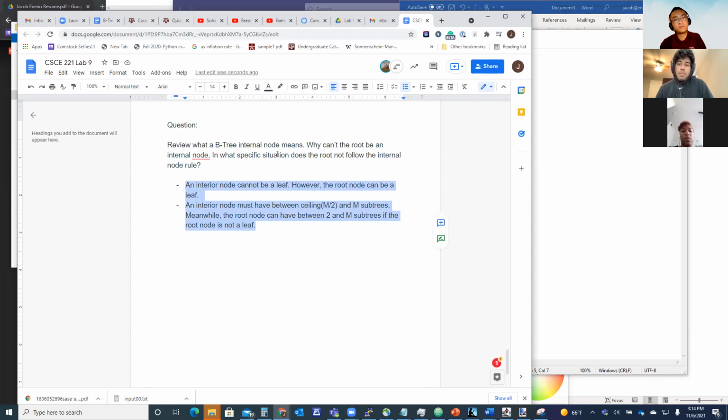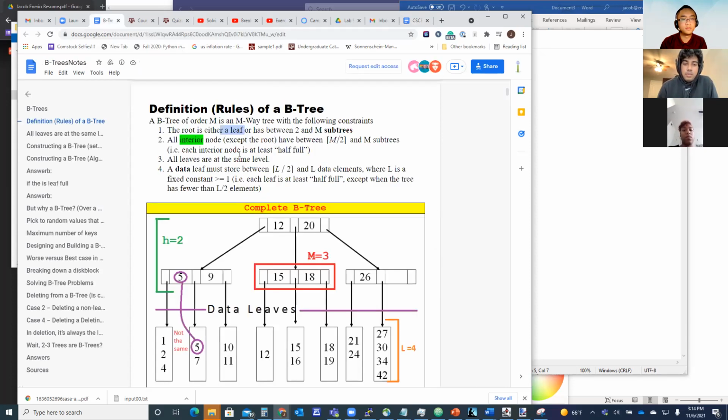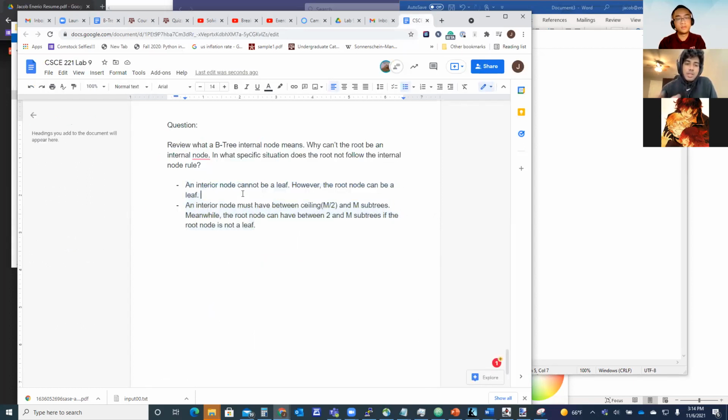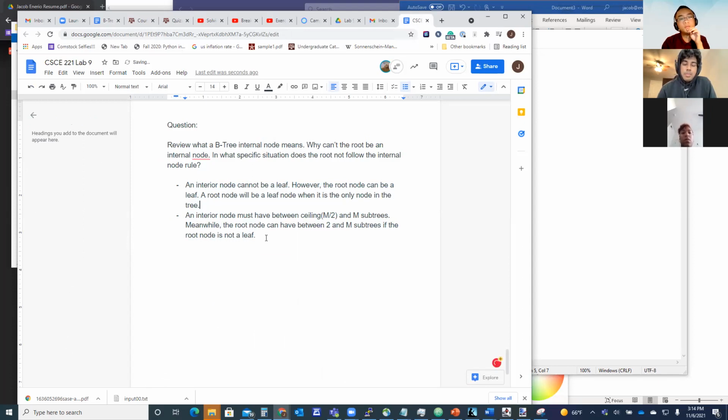Yeah. I would just mention the root is a leaf when it is the only node in the tree. It's kind of self-evident, but okay, I'll copy and paste this.